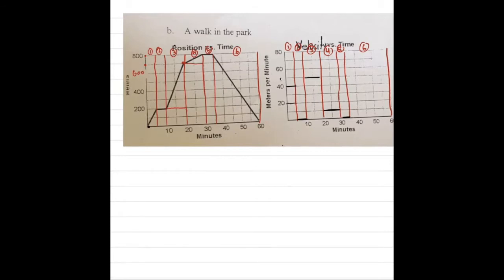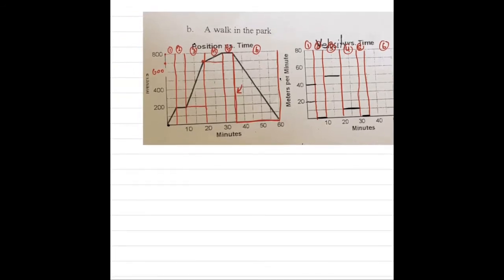All right, so let's analyze block 6. The rise will be this line right here, and the run, this one right here. So the rise is 800. It went from the point of 800 all the way to point of 0. 800 minus 0 is 800.